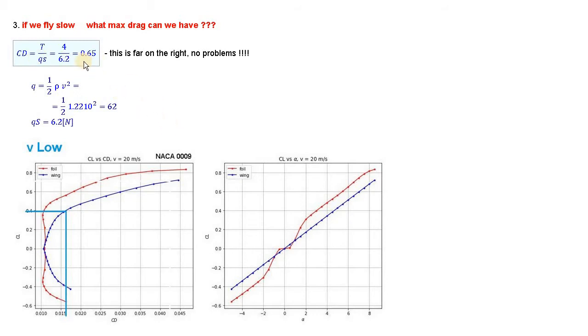So meaning that if we plot this line on the drag axis like this, everything that is in the left half space is okay. But if we have drag exceeding this number, 0.65, then the motor does not have sufficient thrust for the propulsion of this plane.